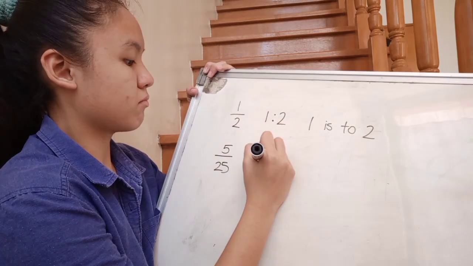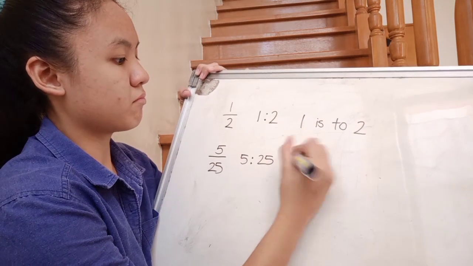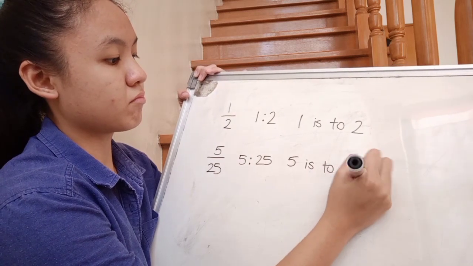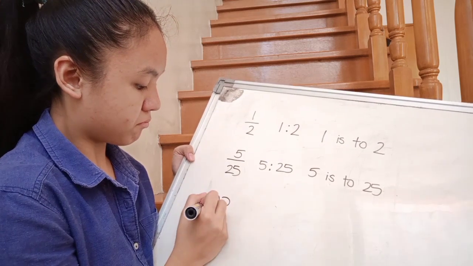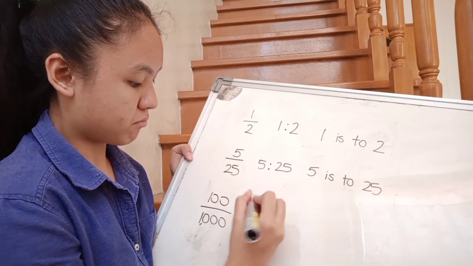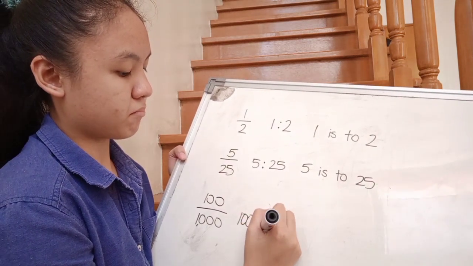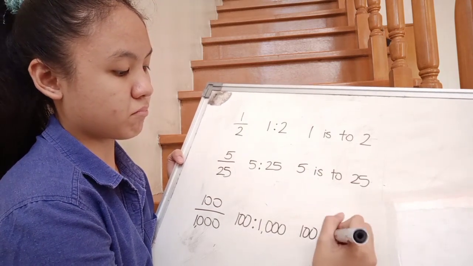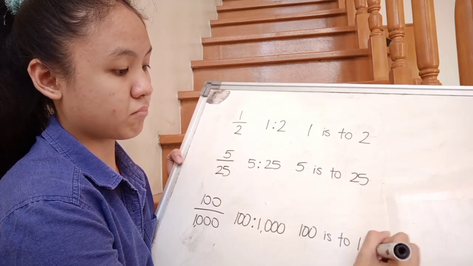Next is 5/25, or 5:25, which is read as 5 is to 25. And lastly, 100/1000, or 100:1000, which is read as 100 is to 1000.